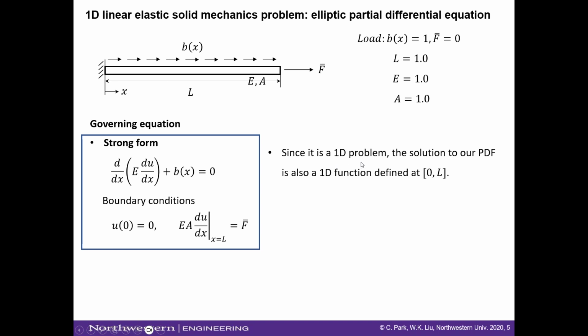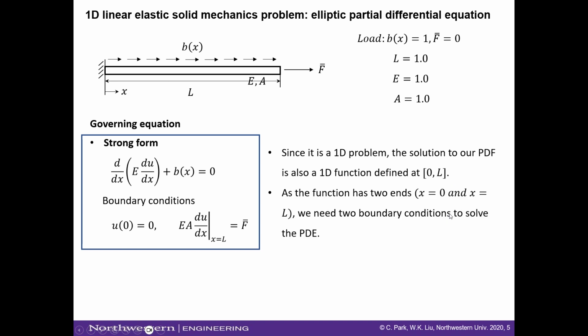Since it's a 1D problem, the solution of our PDE, which is our displacement field, is also a 1D function defined on the domain from 0 to L. As the function has two ends at x equals 0 and x equals L, we need two boundary conditions to solve this PDE. Like I said before, on the left-hand side, it's going to be 0 displacement. And on the right-hand side, it's going to be a force F.